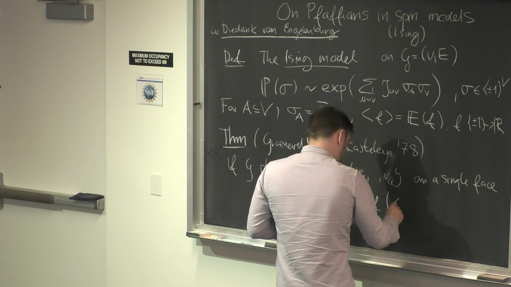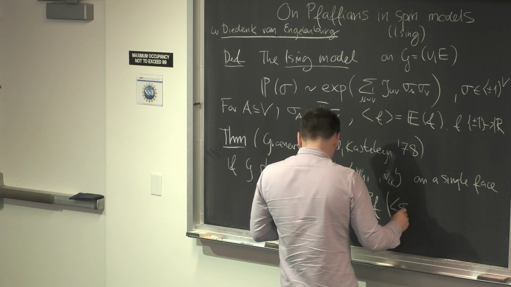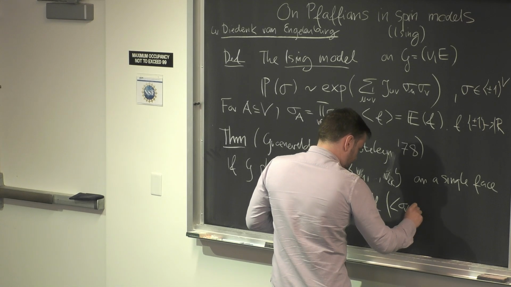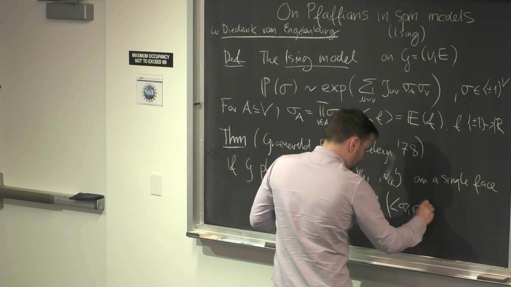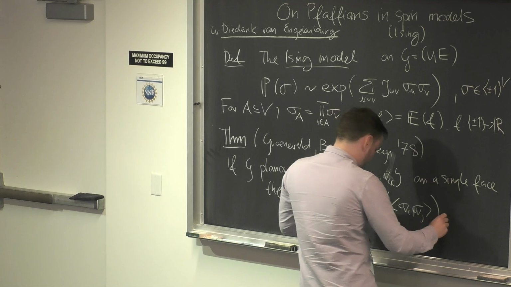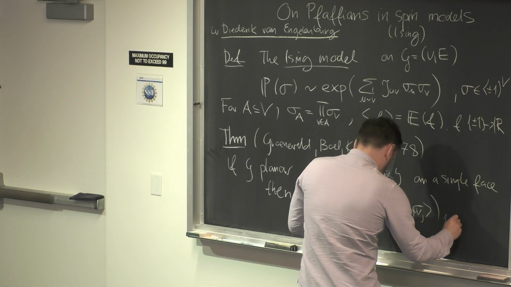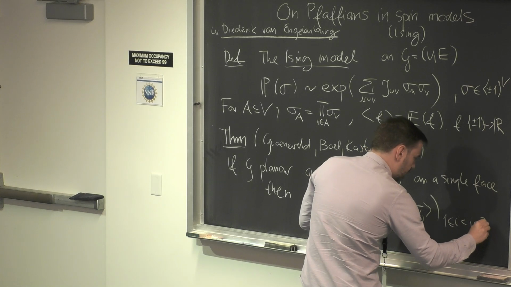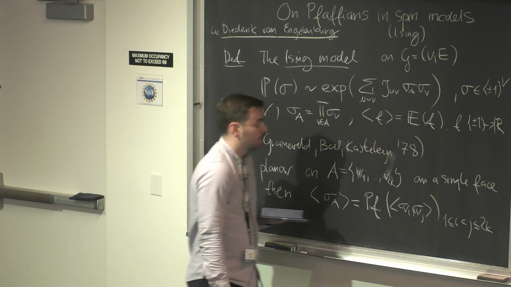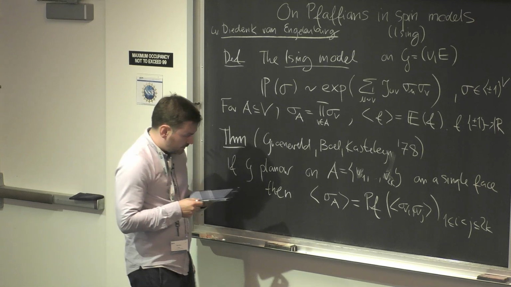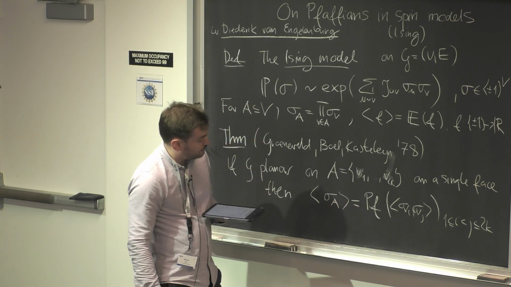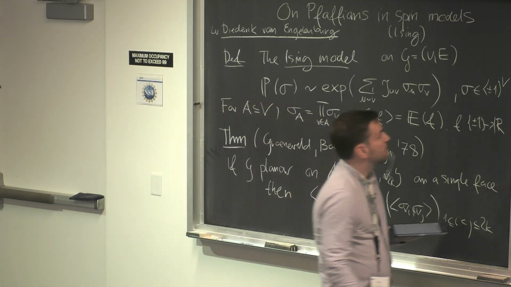So how do I write it? I write it as a Pfaffian of the matrix of the 2-point functions, sigma Vi, sigma Vj, or say this is an upper triangular matrix. And you can extend it to an anti-symmetric matrix, and then just take a Pfaffian, which will be the square root of the determinant.